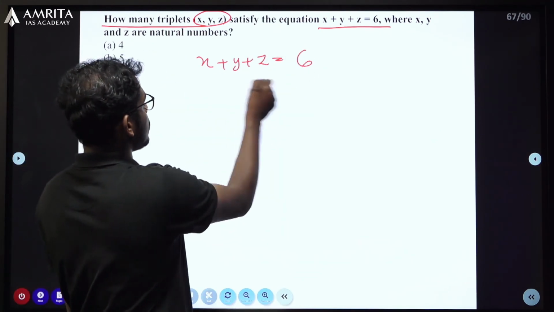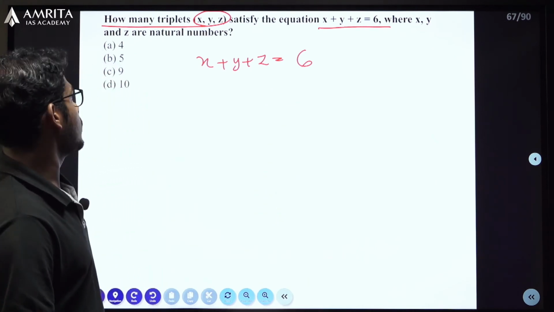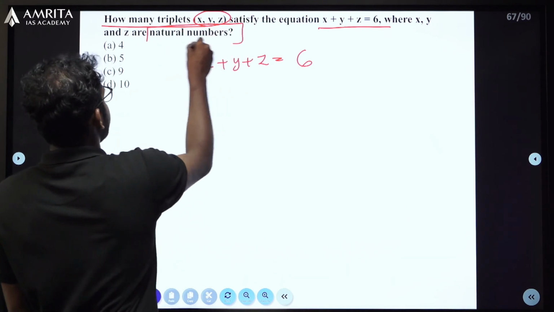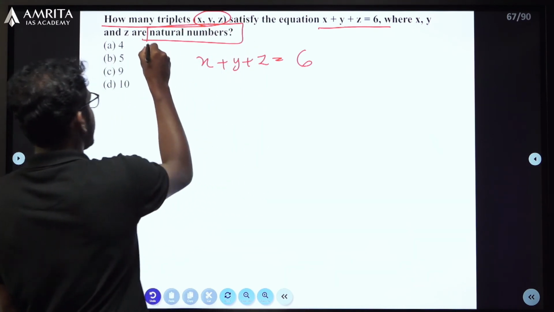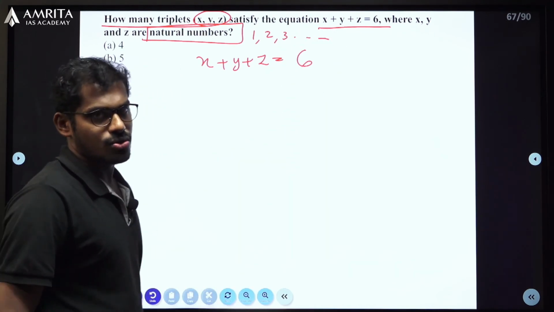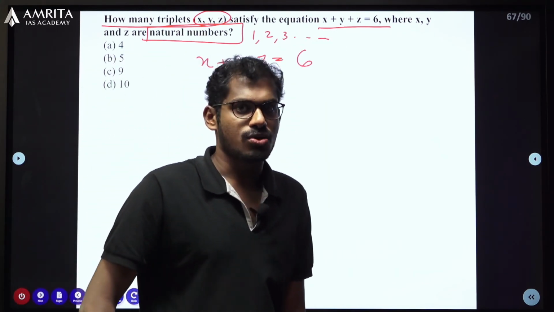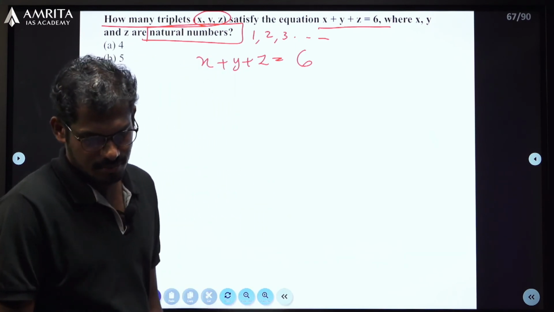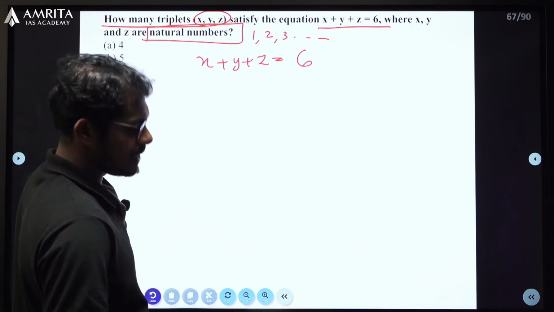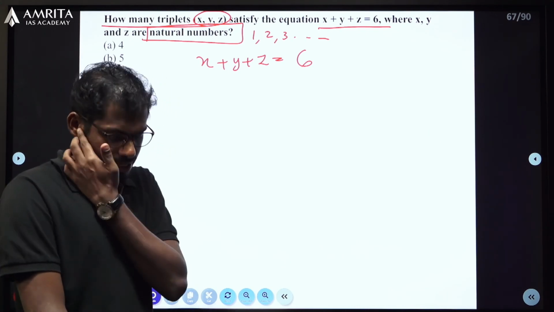So there are many possibilities for the values of x, y, z, and they say x, y, z are natural numbers. That means natural numbers are 1, 2, 3, 4, etc. Clear? So the values of x, y, z are 1, 2, 3, etc. Clear? Okay. So what are the possible values of x, y, z? Let's check.